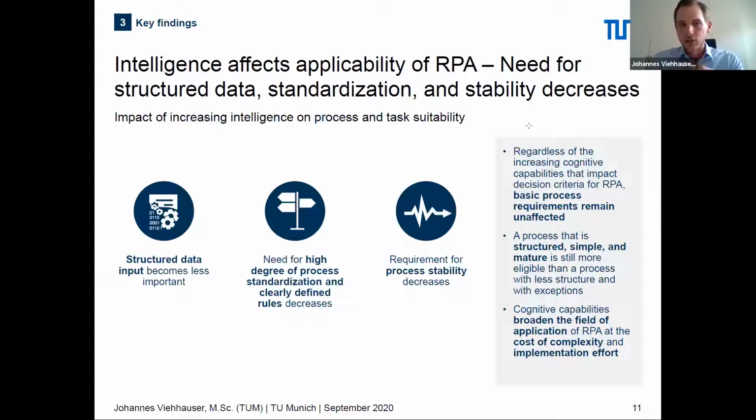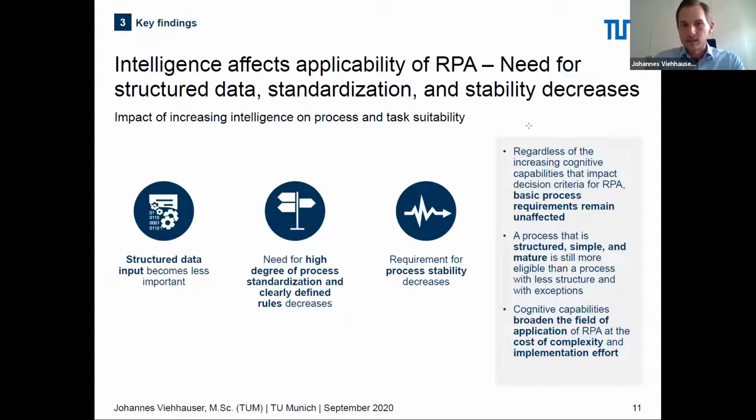And we identified 3 focus areas where intelligence has impact. On the one hand, the requirement for structured data input becomes less important, obviously because of the usage of OCR, which enables RPA to work with, for example, scanned documents.